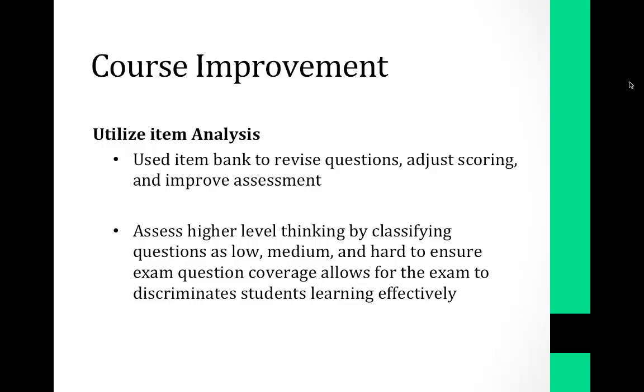Meaning that C choice was not very much of a distractor, and it was obviously not the right answer. So that helps me to go back and revise that question and make the answers a little more balanced than they are. And that's how I'm putting here that I revise the questions and the scoring and improve assessment.